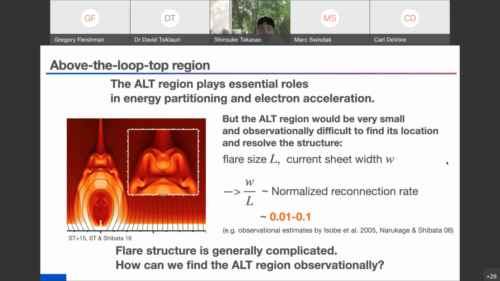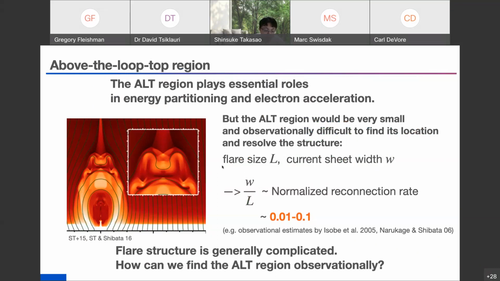So far, I have argued that the ALT region plays essential roles in energy partitioning and electron acceleration. But the ALT region would be very small, and observationally difficult to find its location and resolve the structure. The reason is very simple.